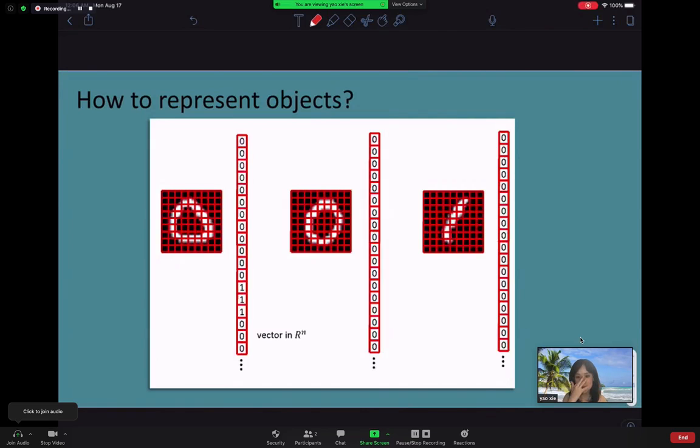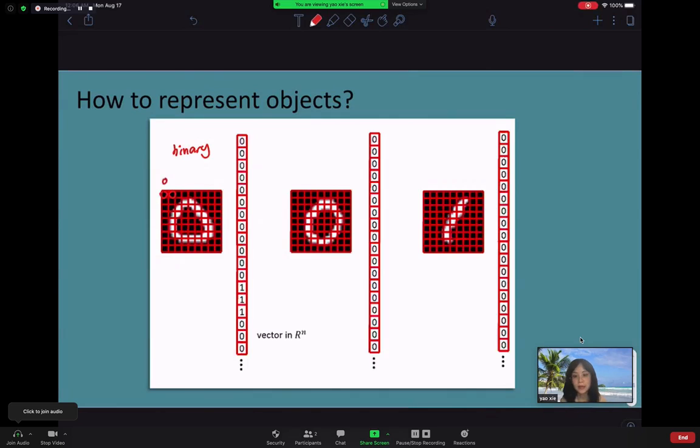So how do we represent these images? We'll define features from these images. If you look at each tiny little picture in here, it actually consists of pixels. Okay, so, for example, in this binary image, we could say if there is no stroke, it's a 0.